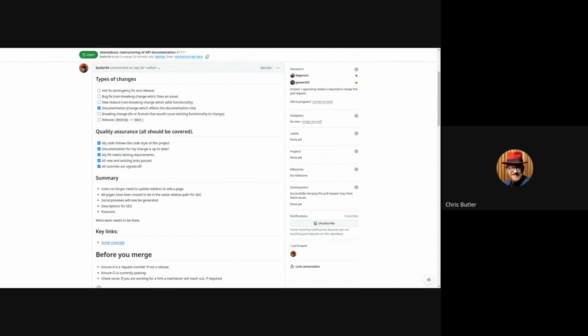So that's what this PR does, is a whole pile of work there, as well as social previews and descriptions for FCO and favicons. So it's that big documentation PR. So it's basically epic. That's working through some of the issues here.